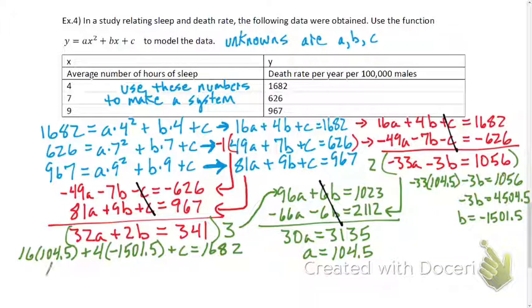I get 1672 minus 6006. And lastly, I end up with 6016.